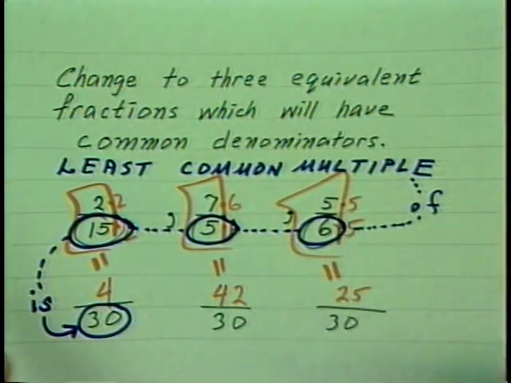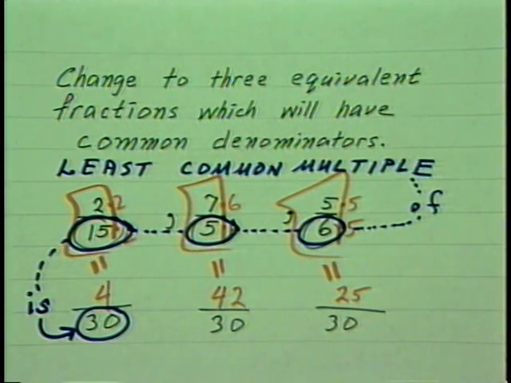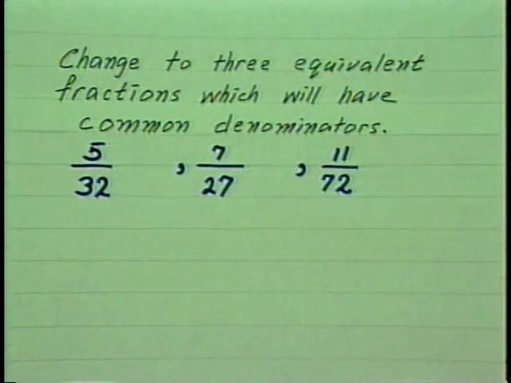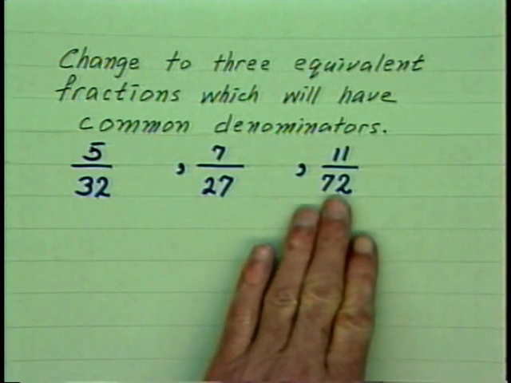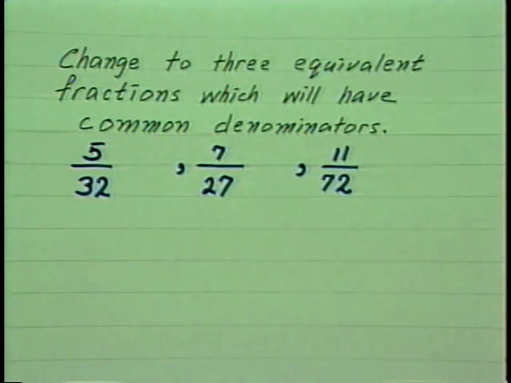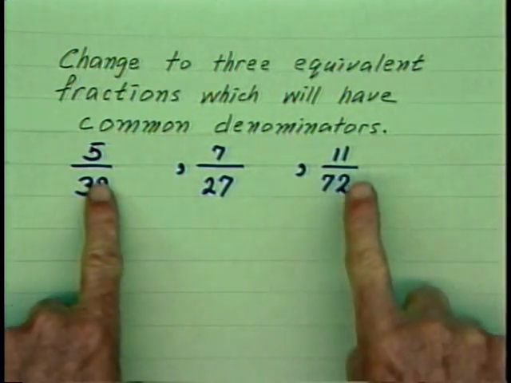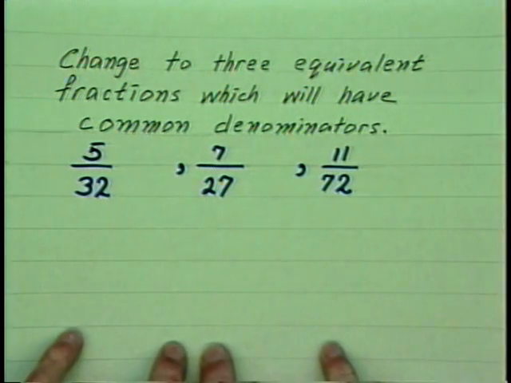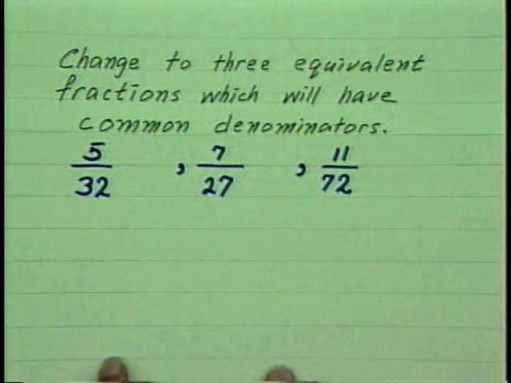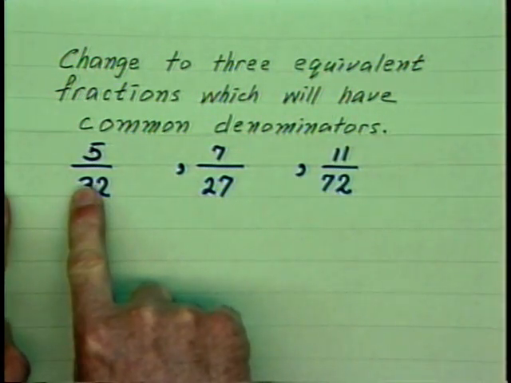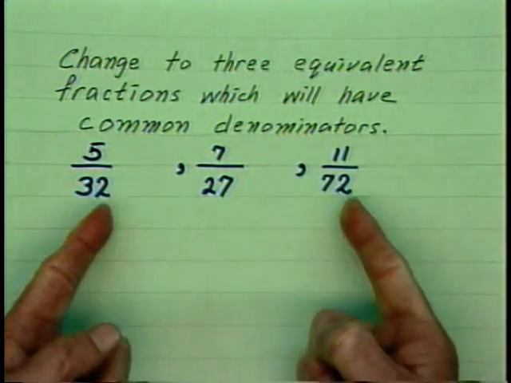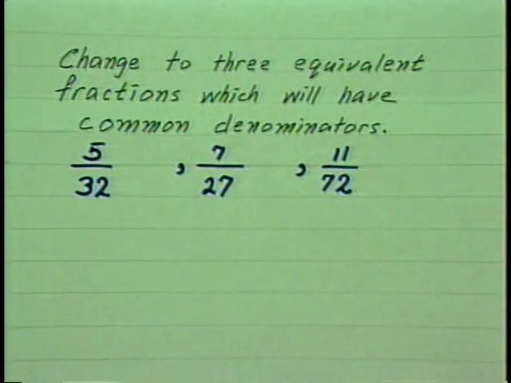or 3 or 15,000. For example, what if we had these three much more complicated fractions and we wish to build each of them so that we have three fractions, each equivalent to these three, but all having the same denominator?